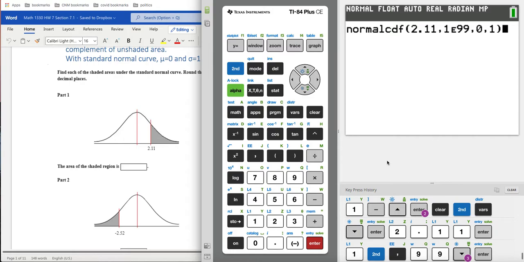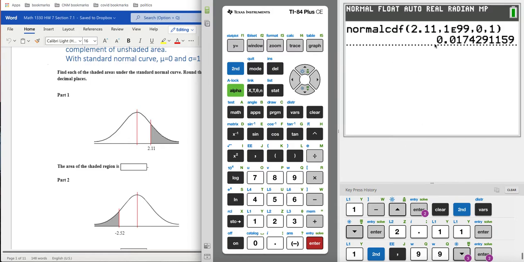If anyone has the TI-83, this is the sequence and how they need to enter their numbers, because they won't have that little wizard asking for those things. Then enter, and you get the answer. In most of these cases, you just get the answer here and you don't have to do anything else to turn it around.